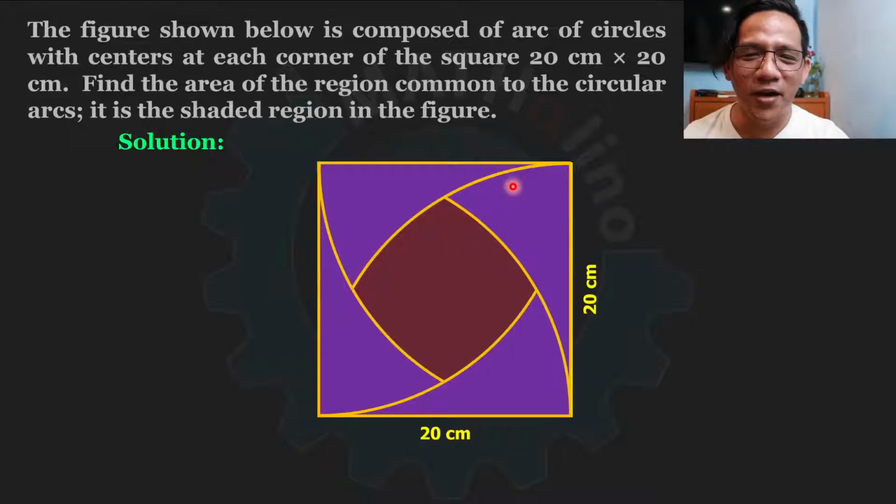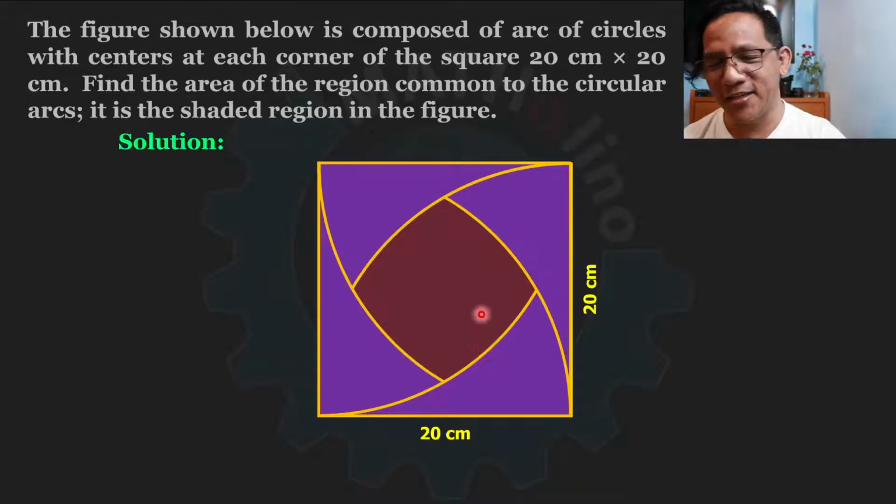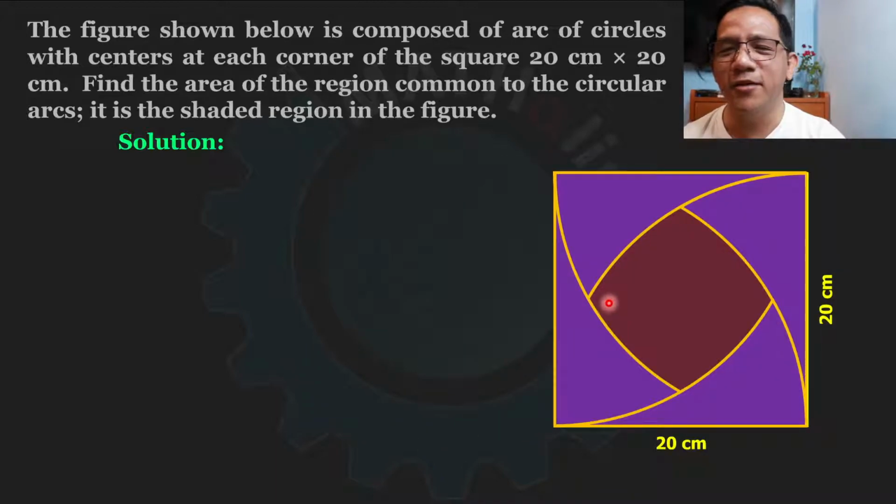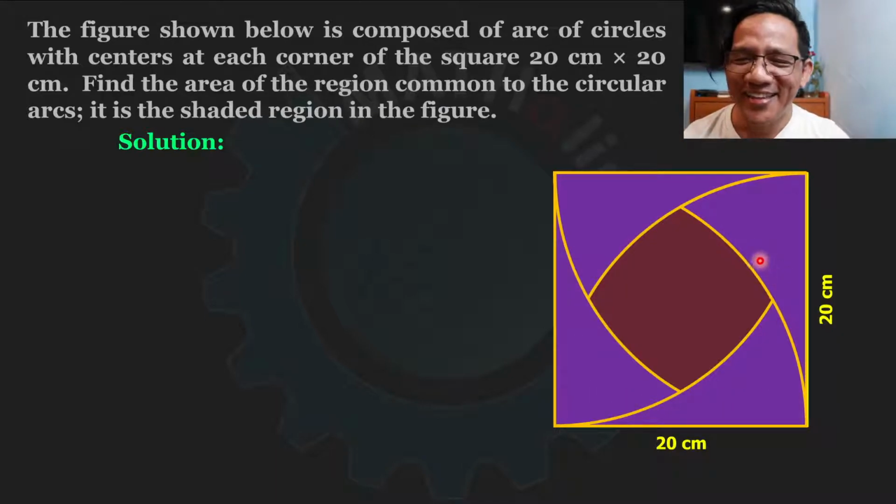What remains if you are going to remove these 4 areas? What remains is the required area. Take note that these 4 areas are equal, so we are going to solve only one of these 4 areas. Let us move this figure to the right, just as part of the solution.